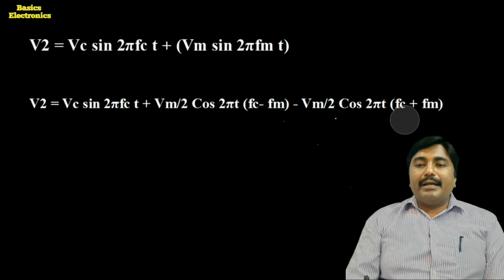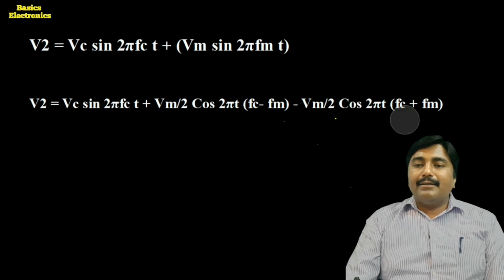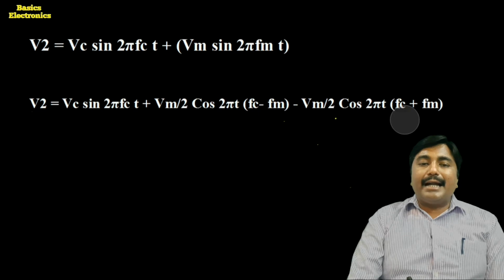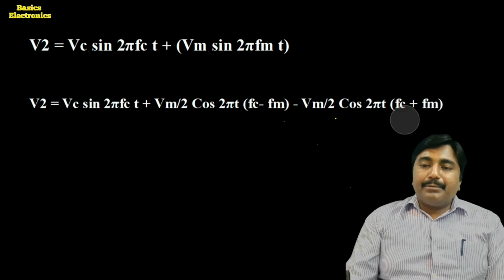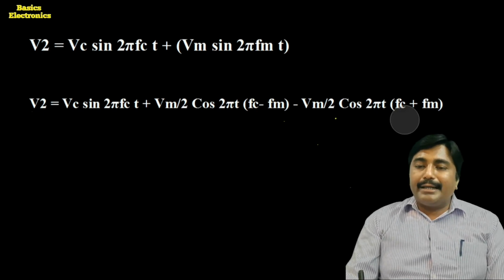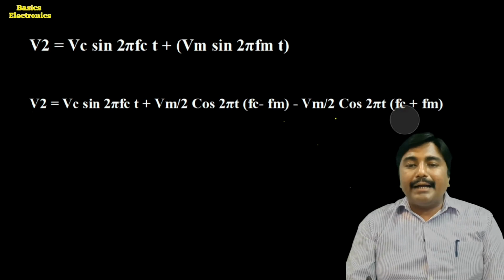Okay, now these two frequencies we call FUSB and FLSB. Both frequencies have the amplitude that is the peak voltage of the modulating signal divided by 2, means Vm by 2.